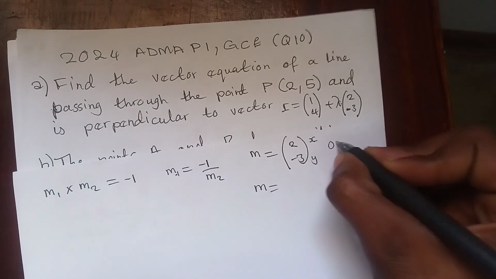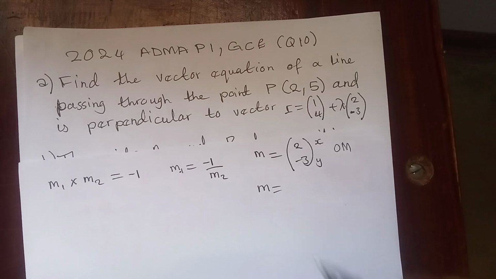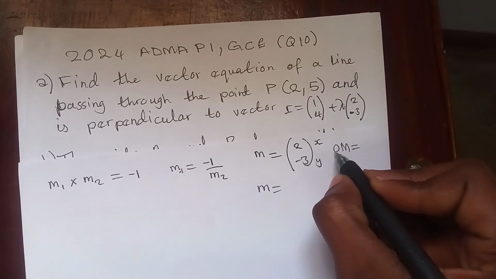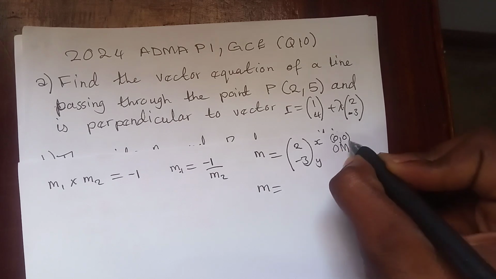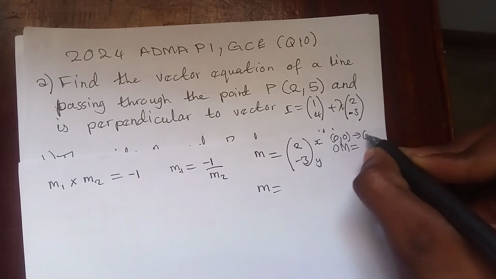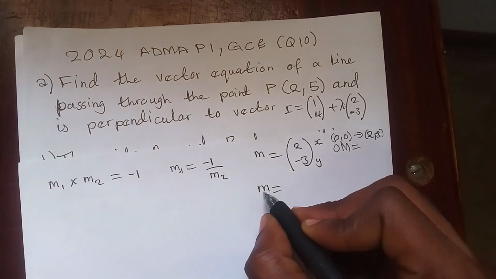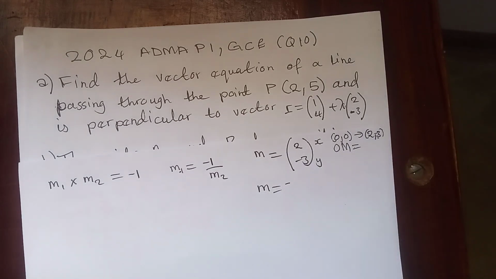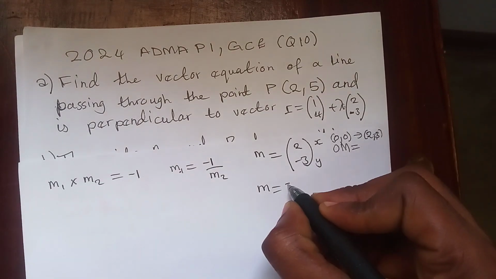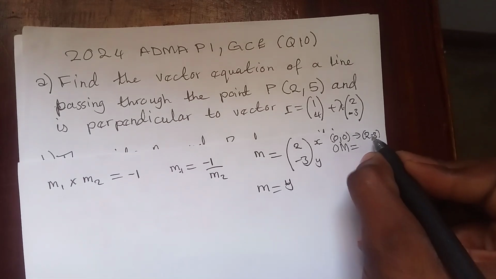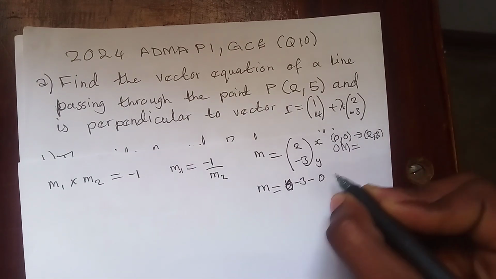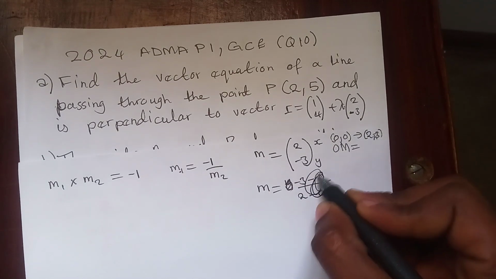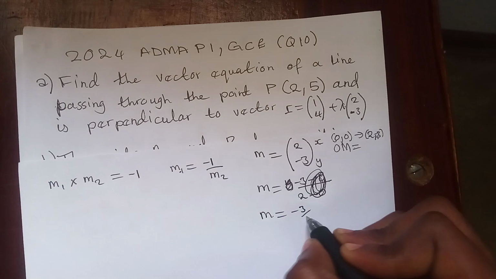When OM goes from O, which is (0, 0), to this point (2, -3), your M will be y2 minus y1 over x2 minus x1, so -3 minus 0 over 2 minus 0. Because this is always a 0, your gradient here is -3/2.